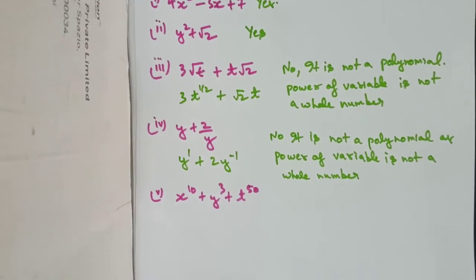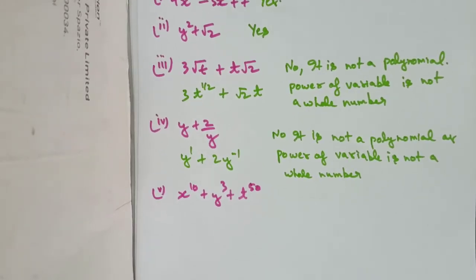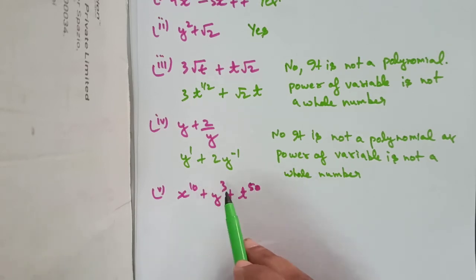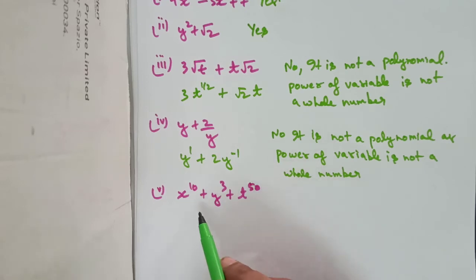So here you can see that in all the terms we are having variables, but in the first term the variable is x, in the second term the variable is y, and in the third term the variable is t. All the powers of the variables are whole numbers, that is 10, 3 and 15, but in all the three terms the variables are different.